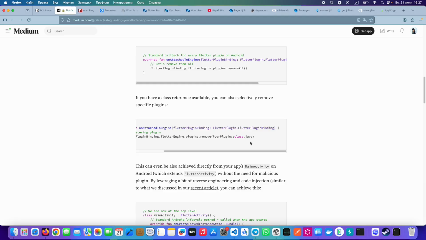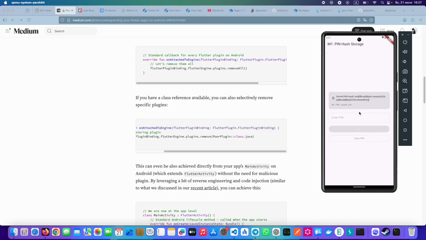So that's interesting. For example, you've downloaded the package with malicious code in release mode, but you haven't checked the release mode, in debug mode everything worked very fine. You didn't know that it will not work in release mode.